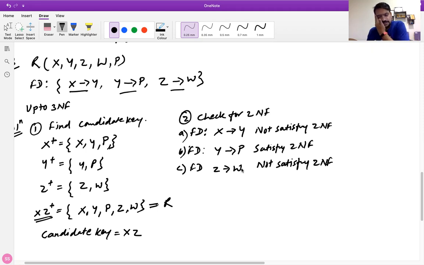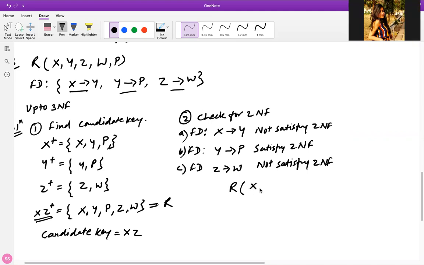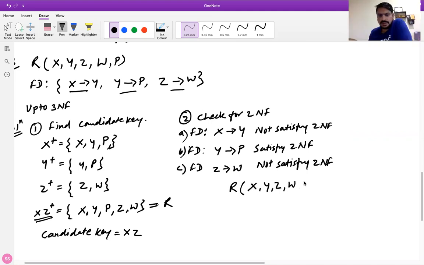Then what do we have to do? We'll divide it in three parts. Let's make it R. R is X, Y, Z, W, and P. So which is giving the problem? We have XY, which is creating the problem. So X, Y, and P, we can write it at once, because X, Y, P is not creating a problem, okay?